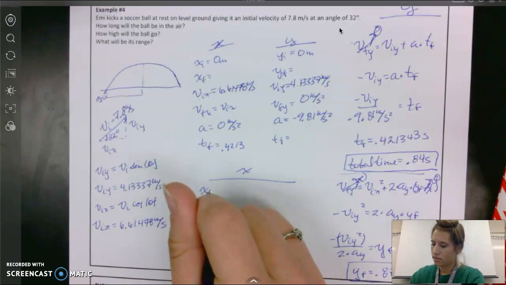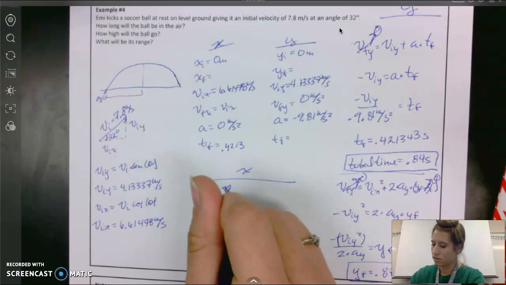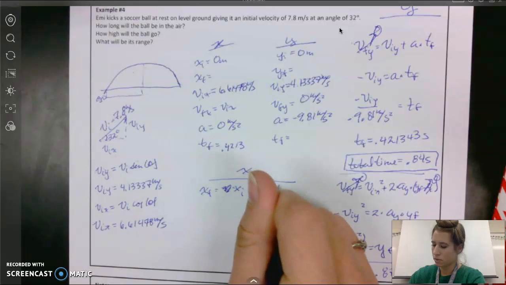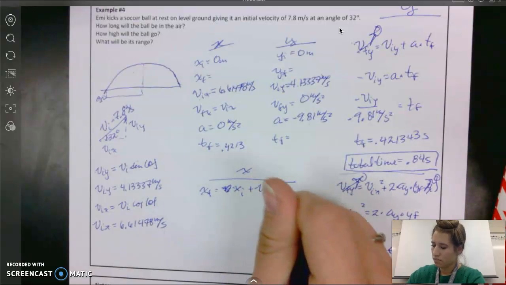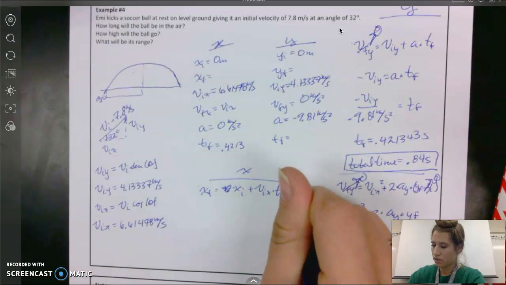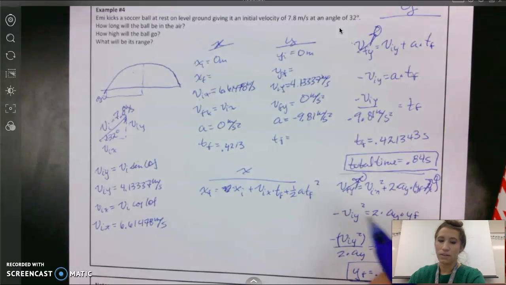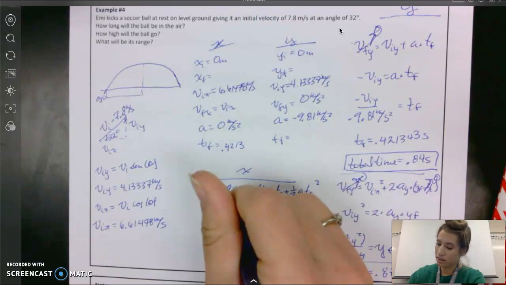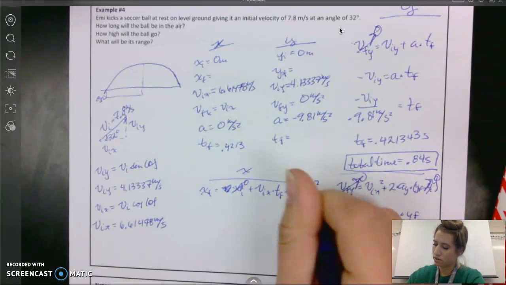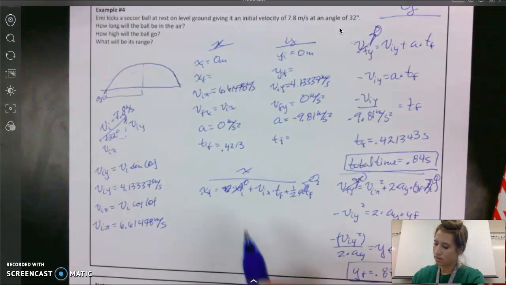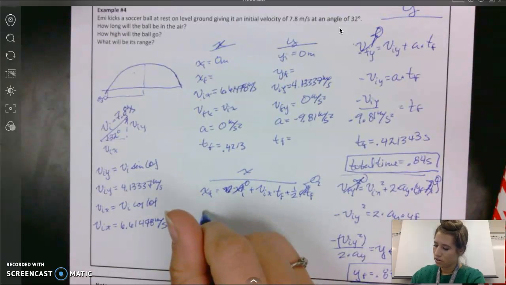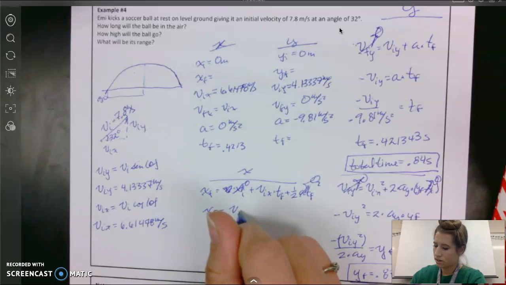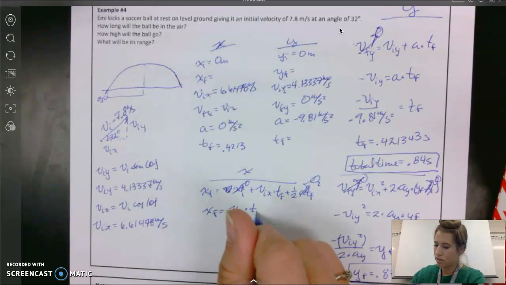So that's x final equals x initial plus velocity initial in the x multiplied by time plus 1/2 acceleration time final squared. And what's nice about this is the acceleration is 0 and x initial is 0. So x final will equal velocity initial multiplied by time final.